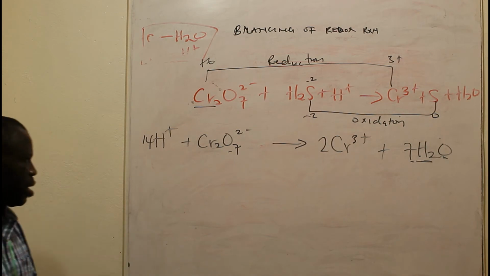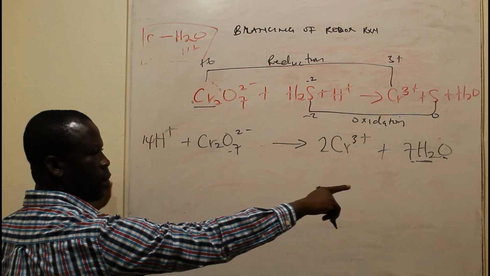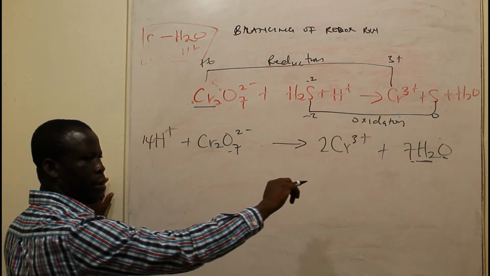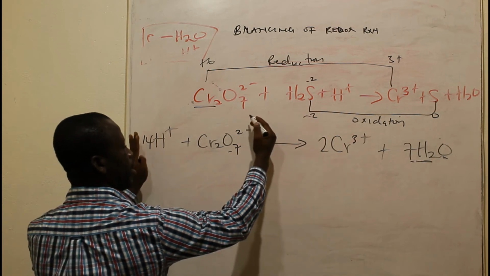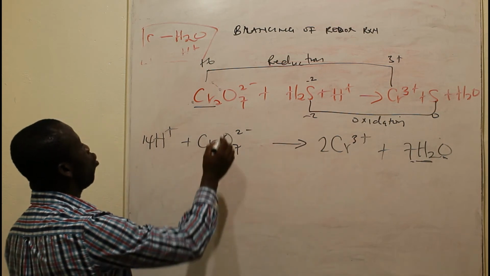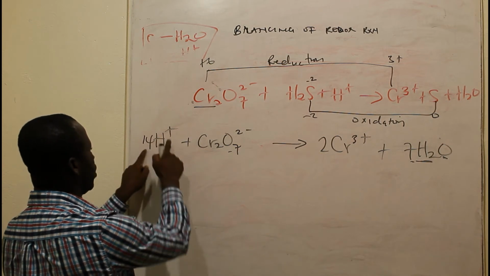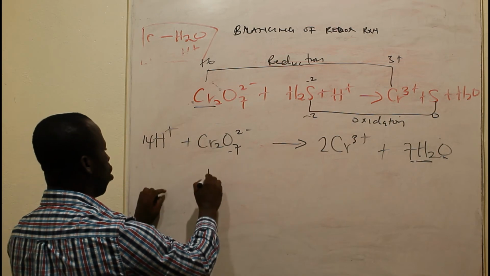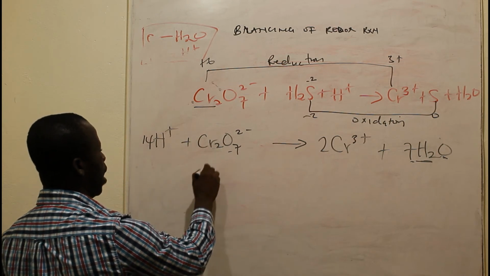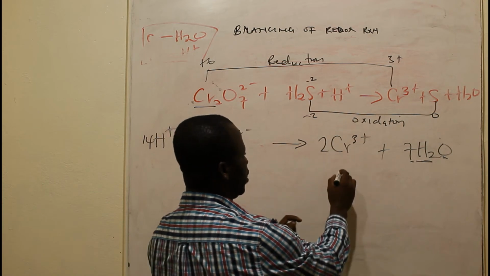This is a reduction half reaction, so we should expect the electron to be here at the left-hand side. A total of 14 charges, 14 plus, and 2 here, making 12 plus, and on this side, making 6.